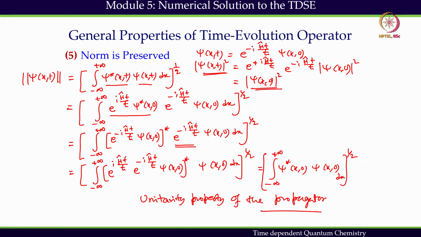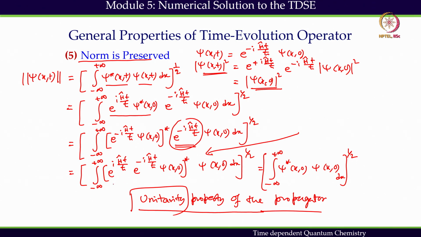So, what is going on? Its norm is preserved because it is a unitary operator. And in which step have we used this unitary property? In this step. You see, this term has been taken here. How did we get that? Because we have proved that the inverse of the time evolution operator is actually its adjoint.